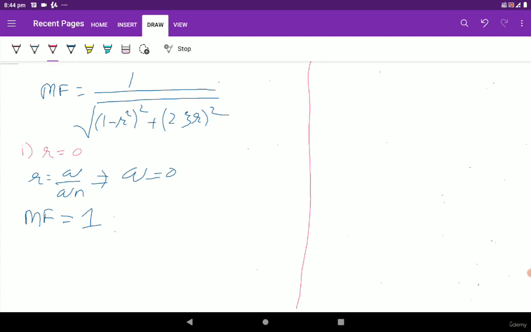Now the second case is that if r equal to 1, this is the case of resonance, that is omega equal to omega n.